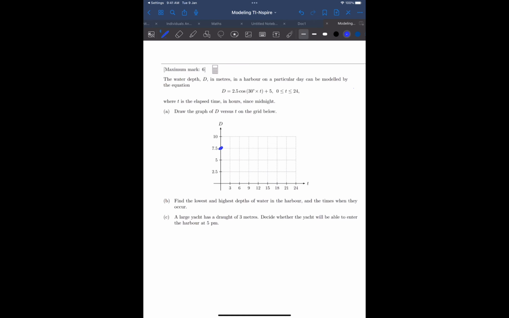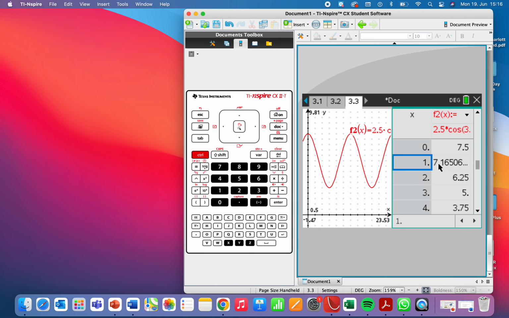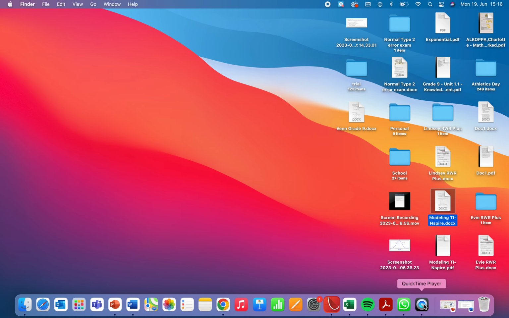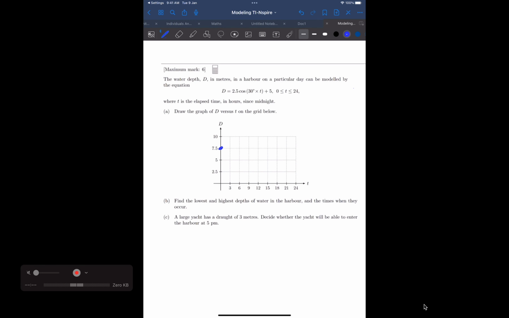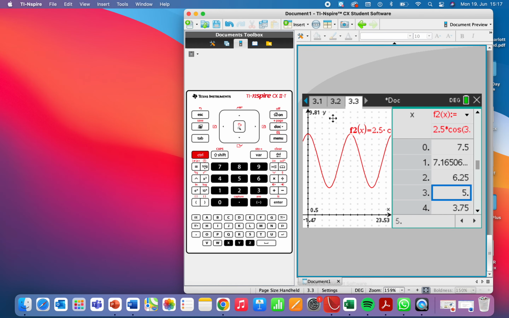You can see how the table of values is going to be really helpful. Then we've got 1 with 7.2, 2 with 6.25, 3 with 5. So you can go ahead and plot all of those. Once you've taken your time to plot that out, then on paper with a smooth curve, you will get it looking something like this.